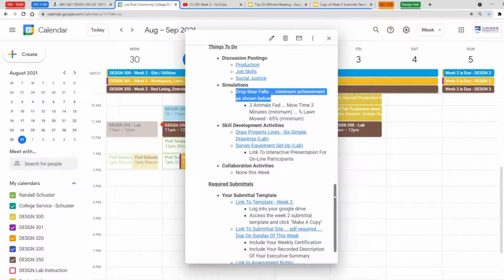And then what do you actually need to do? There's 6 drawings to do. They're very simple. Each one will take 5 to 10 minutes, so up to an hour. And then there's the survey lab. That's why this is a 5-unit course. And some of you wrote in your thing that says, okay, 6 hours was hard. I couldn't get 6 hours in.